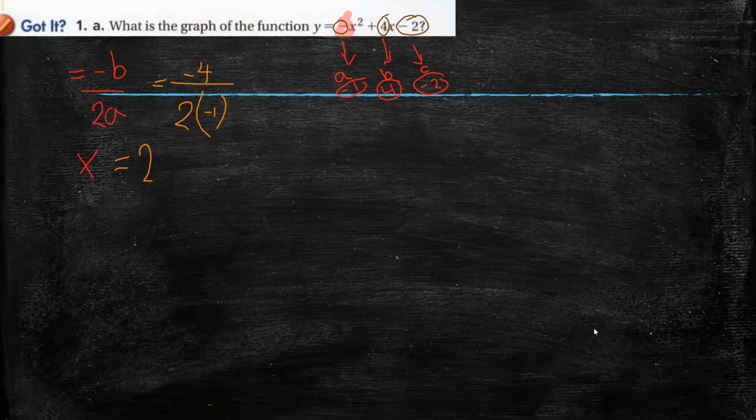So let's go now to graph the shape. We said that it must be downward. The first thing I found is at x equals 2. What happened at x equals 2? This is the axis of symmetry.